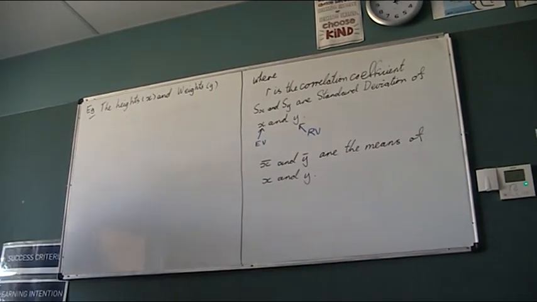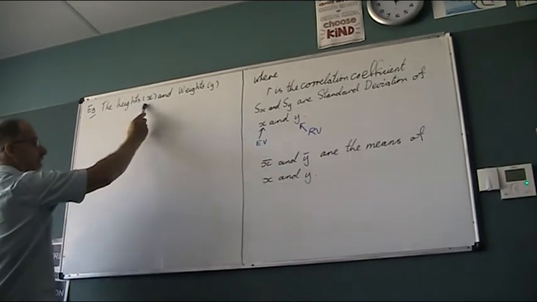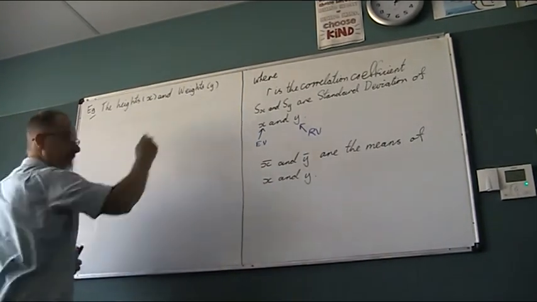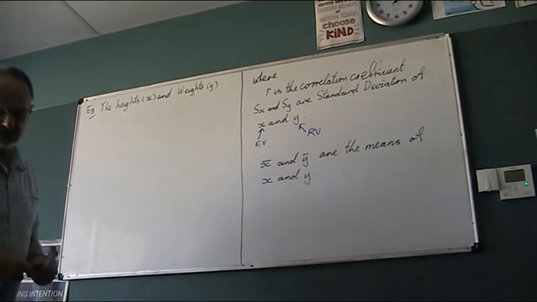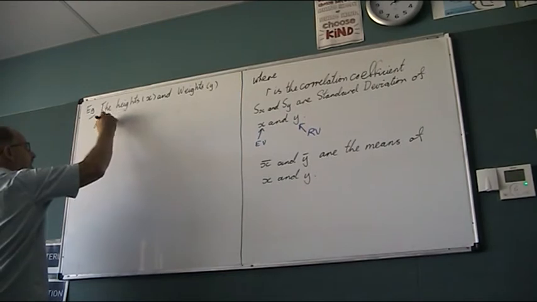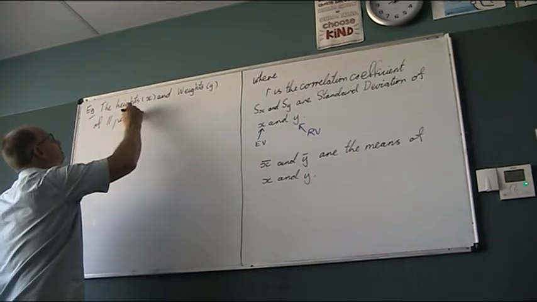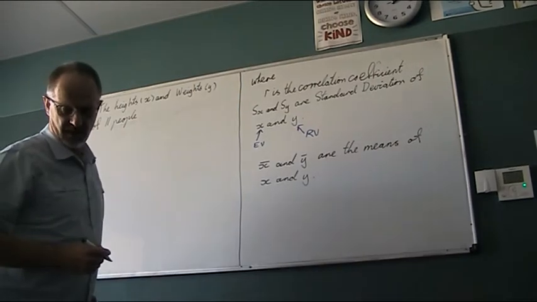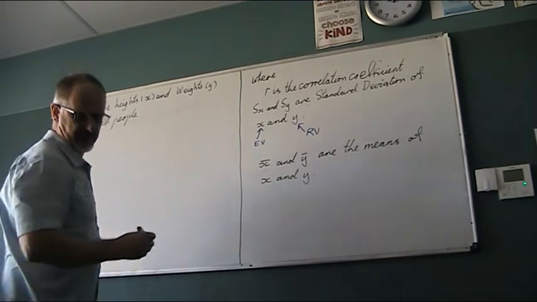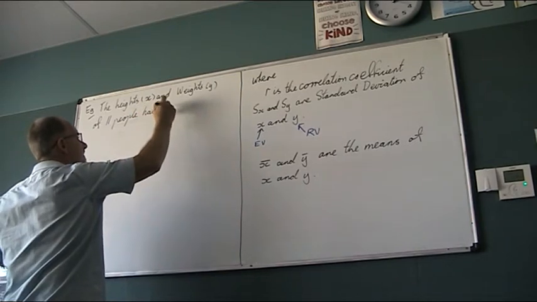They're telling us what the x is and what the y is, so our EV and our RV, they're telling us in the question which is which. And we've got 11 people who have been recorded and the following statistical information.